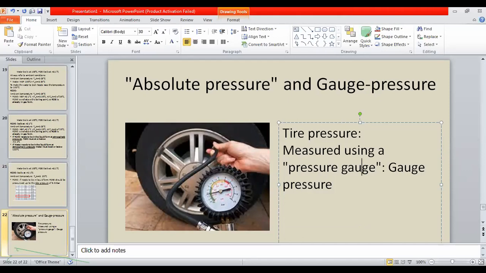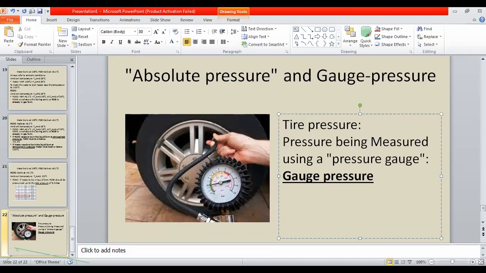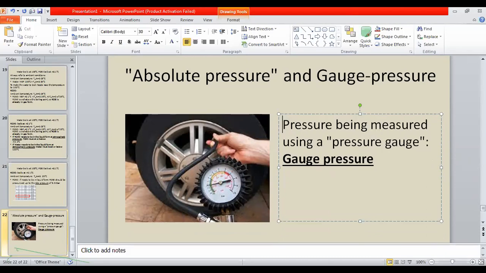Simple. Gauge pressure. It's a standard word. Gauge pressure. Okay. So let's rewrite this. Gauge pressure.